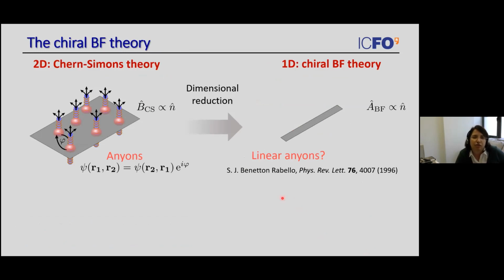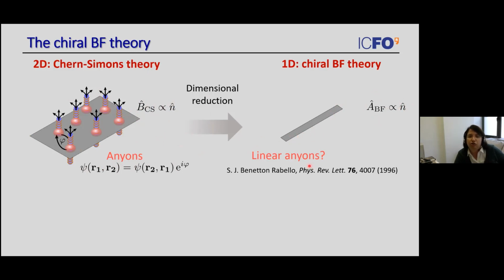We take this 2D Chern-Simons theory with the anyons and so on, and now you reduce it from 2 dimensions to 1 dimension. So you just get a line. And then, instead of having this magnetic field that is proportional to the density of matter, what you get is a vector potential that is proportional to the density of matter.